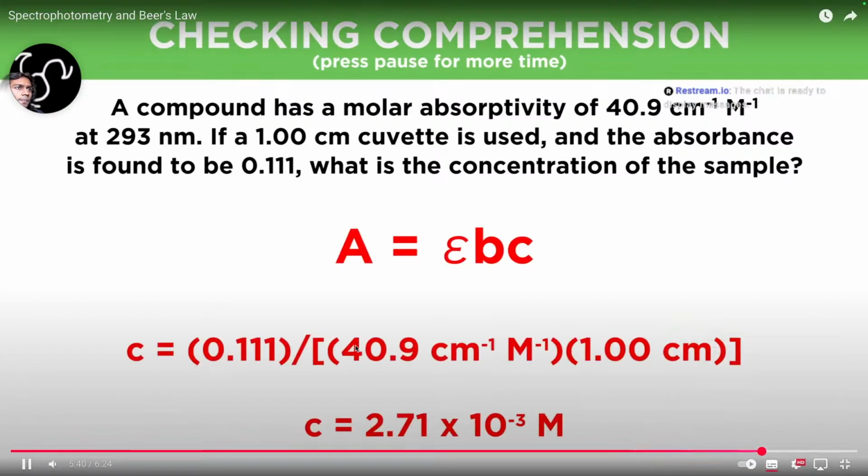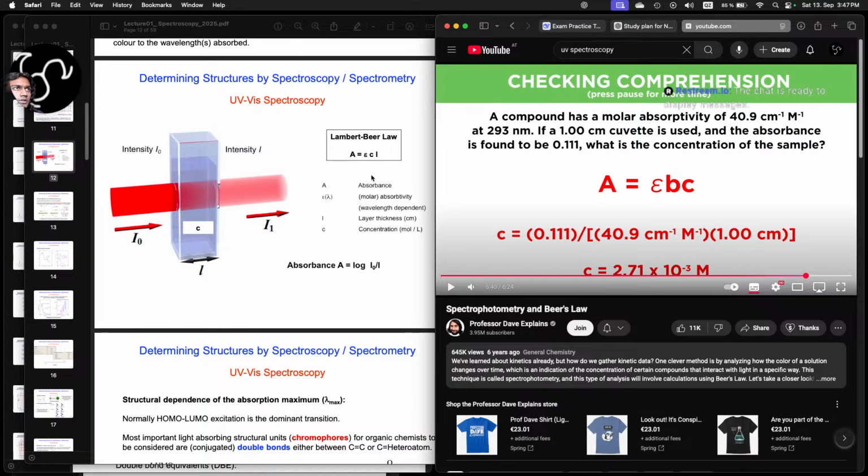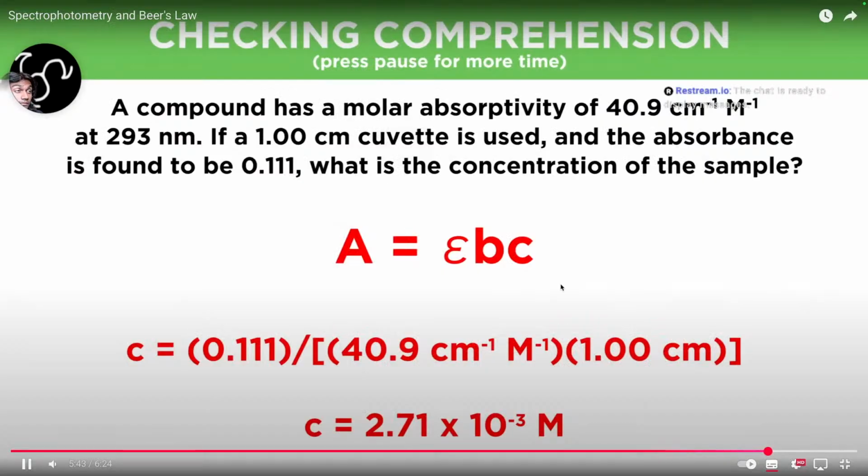So absorbance, okay. 40.9, that was epsilon times B. What is B? Okay, that's thickness, okay.